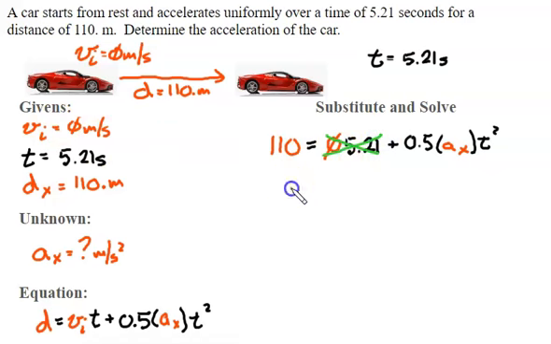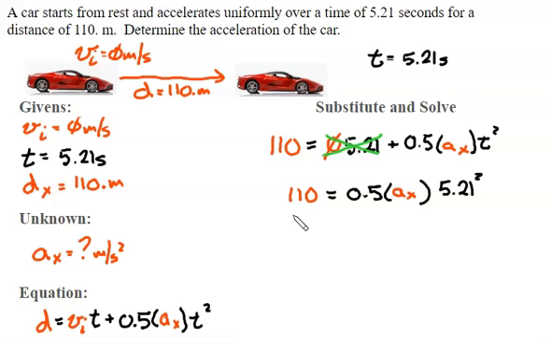And so I get 110 equals 0.5 times the acceleration in the x times time squared, which is 5.21 squared.